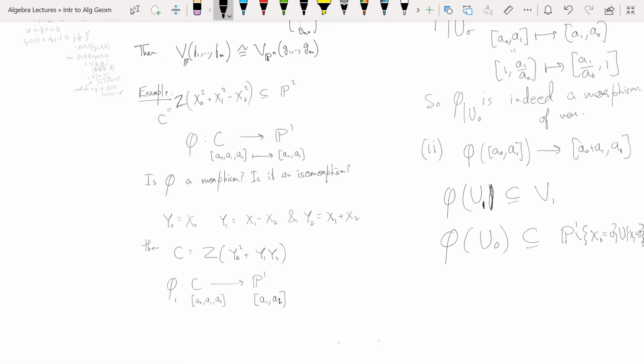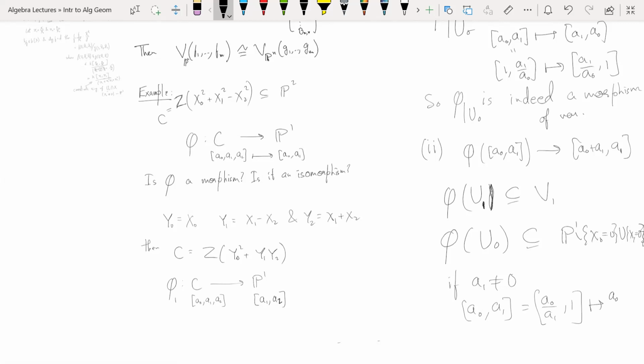So what does it look like in these affine coordinates? If a1 is non-zero, then a0 over a0 a1 is the same as a0 over a1 comma 1, and this map sends it to a0 plus a1.